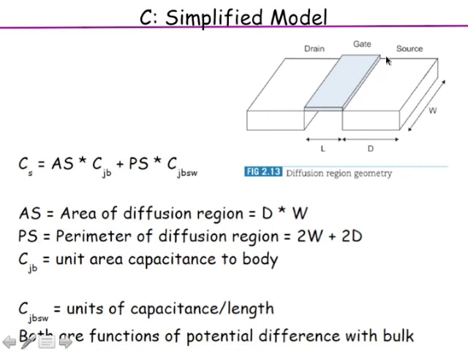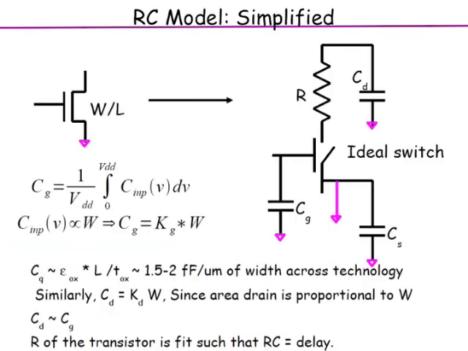And the area, for example, of the drain or source region is also proportional to W. Larger the W, larger is the area, linearly related. So I will have drain capacitance also Kd times W. So both drain and source capacitances are linearly related to W, and for the proportionality constants, just a few simulations will tell you what the constant is. Then you can use it for the rest of the design.